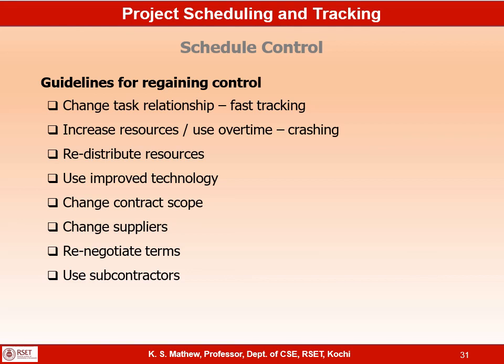Whereas if you delay the delivery by 1 week, there will be a penalty of 3%. So you will change the contract from fixed price to fixed price plus incentive fee, where if the supplier delivers the product 1 week in advance, they will get 2% extra, whereas if there is a delay of 1 week, they will lose 3%.